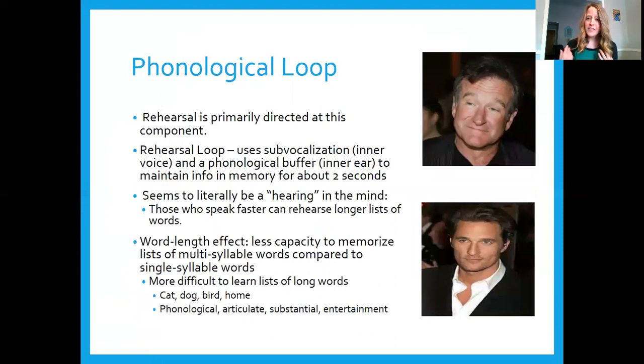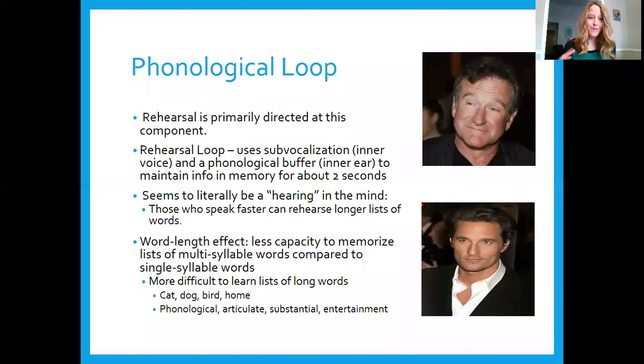We know that people are engaging in this sub-vocalization and that these sub-vocalizations are processed similar to actual speech because research has demonstrated a speech rate and a word length effect in working memory performance. If two people have normal intelligence but different rates of speech, then the person who talks faster will typically perform better on a working memory test.